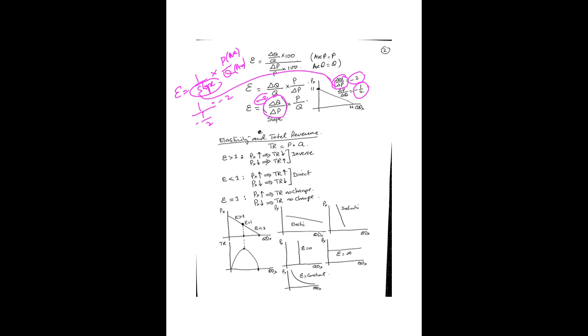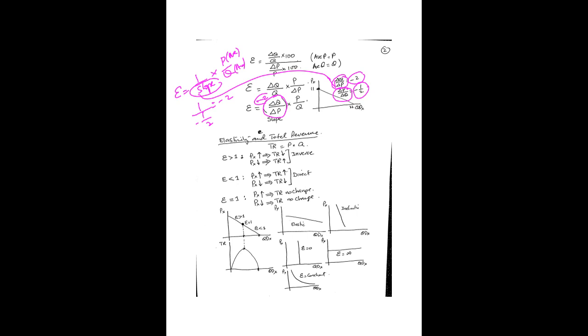I'm not going to discuss the function in detail, but you remember change in Q over change in P is the slope, and slope of the demand curve is the reciprocal. Change in P over change in Q. Not change in Q over change in P, but change in P over change in Q.